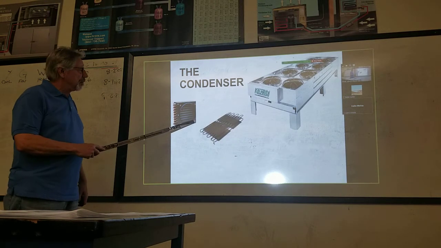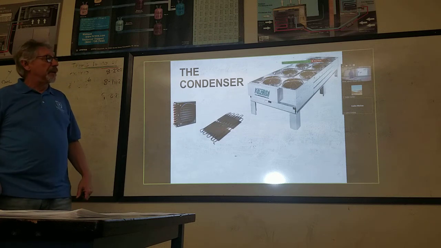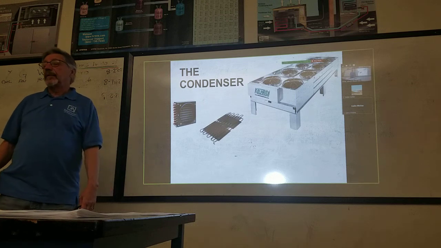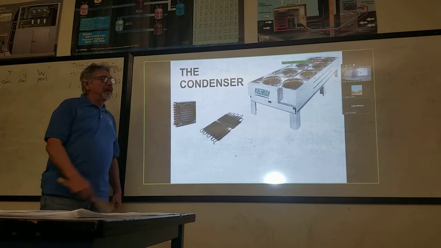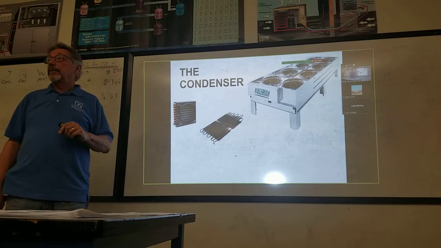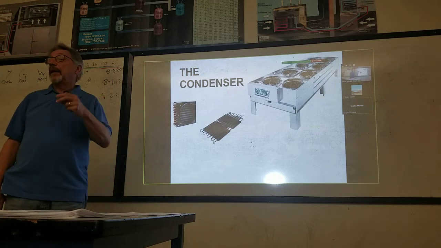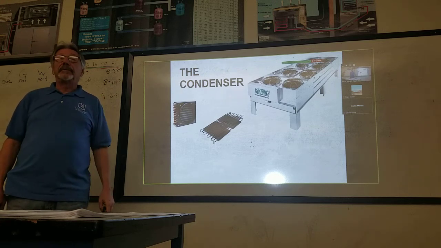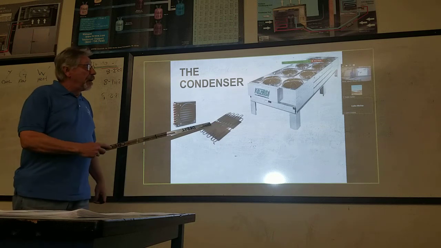The condenser. Now the condenser is the component that rejects heat. As the refrigerant travels through the condenser, it comes from the compressor as vapor. It travels through the condenser and it cools down and turns into a liquid.